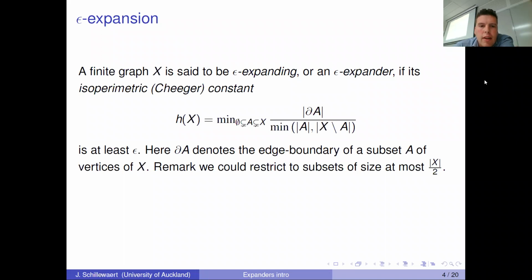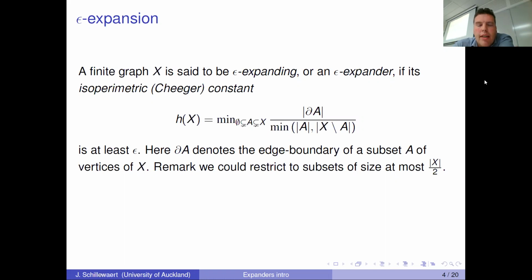And of course, to make sense of this, if your graph grows, you need to look at some sort of ratio. So we look at the ratio between how many edges go from A to outside of A, divided by the minimum of the size of A and of X minus A. And that gives you the isoperimetric constant.